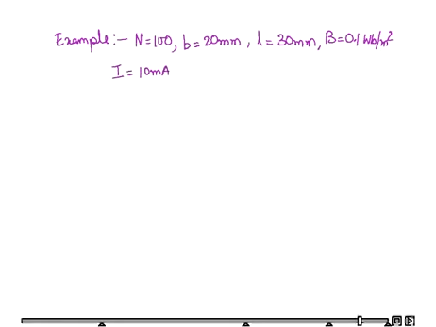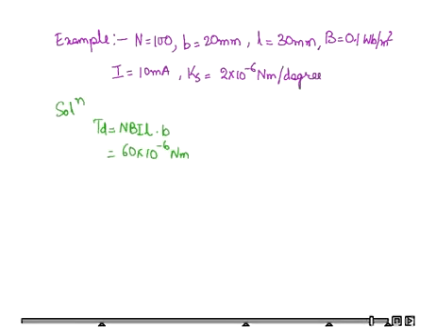Calculate the deflection if the control spring constant is 2 into 10 to the power minus 6 Nm per degree. That means Ks, the spring constant, is given as 2 into 10 to the power minus 6 Nm per degree. As we know that deflecting torque is N B I L into b.